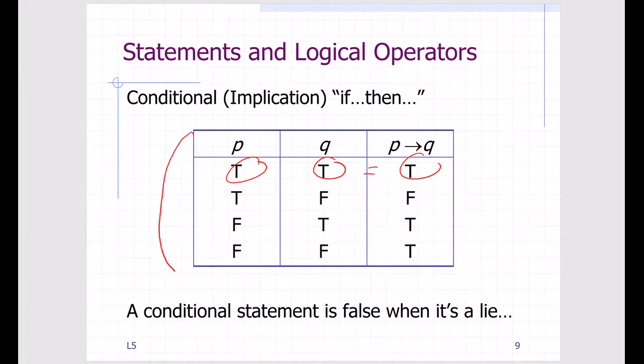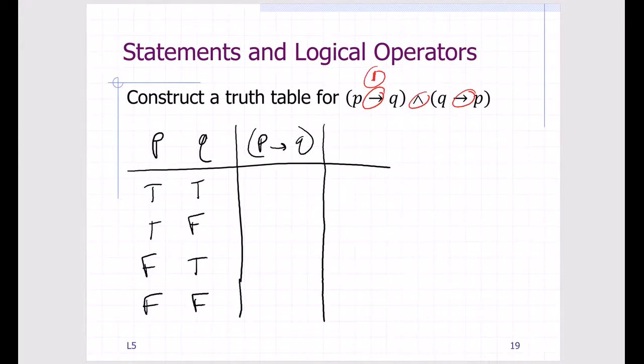So we're using this definition to solve this problem. So by definition of the conditional, that's true, true false equals false, false true equals true, and false false equals false.